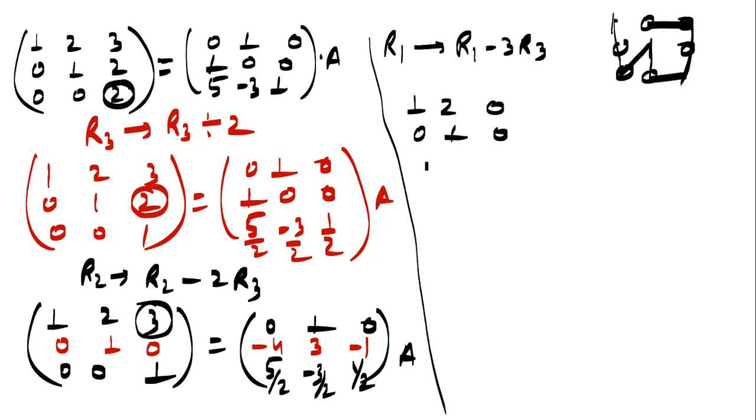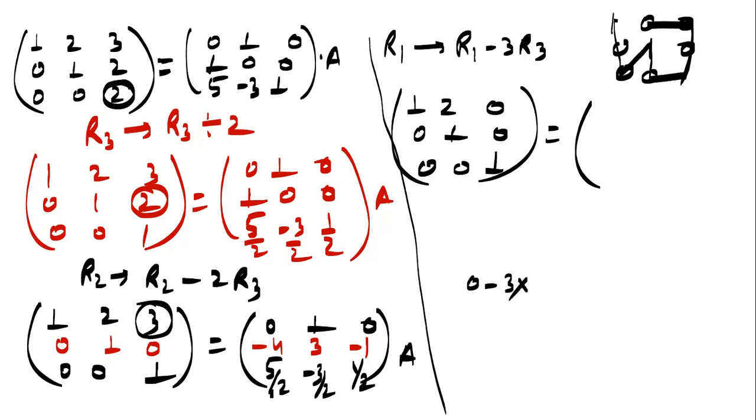0, 1, 0. No change in R3. Equals, it will become 0 minus 3 into 5 upon 2. It will become minus 15 upon 2.